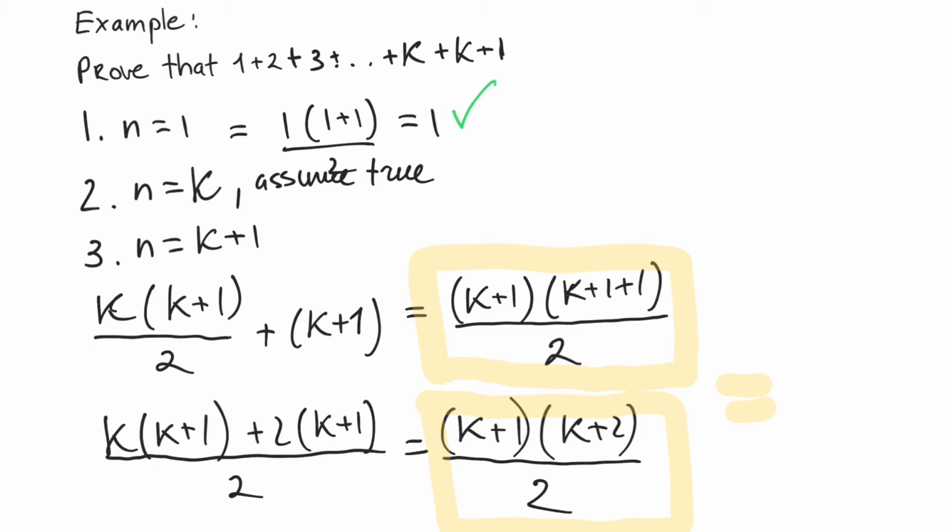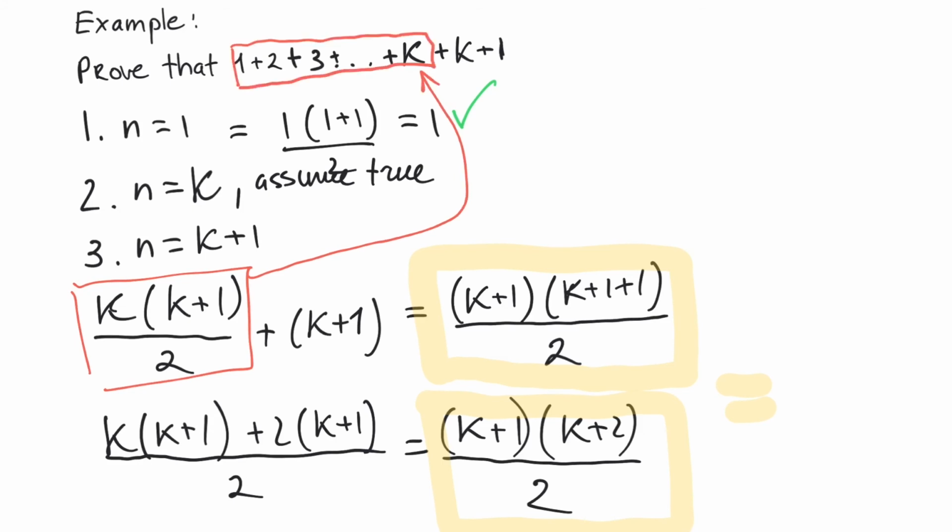So you see, all we did is we took the sum up to k and substituted it with this thing here, which is the formula that we're trying to prove. And then we added the next term, k plus 1, to it. That turned out to be the same as this equation when you plug in k plus 1 into it. And that's basically how mathematical induction works.